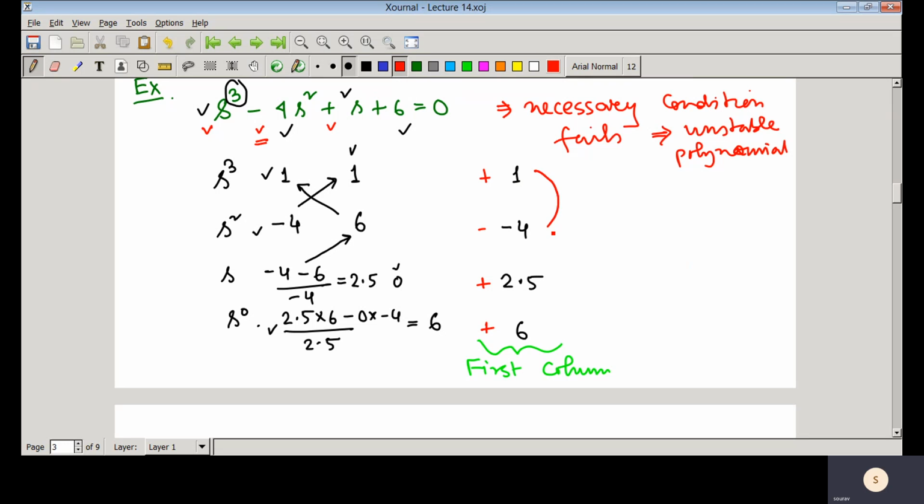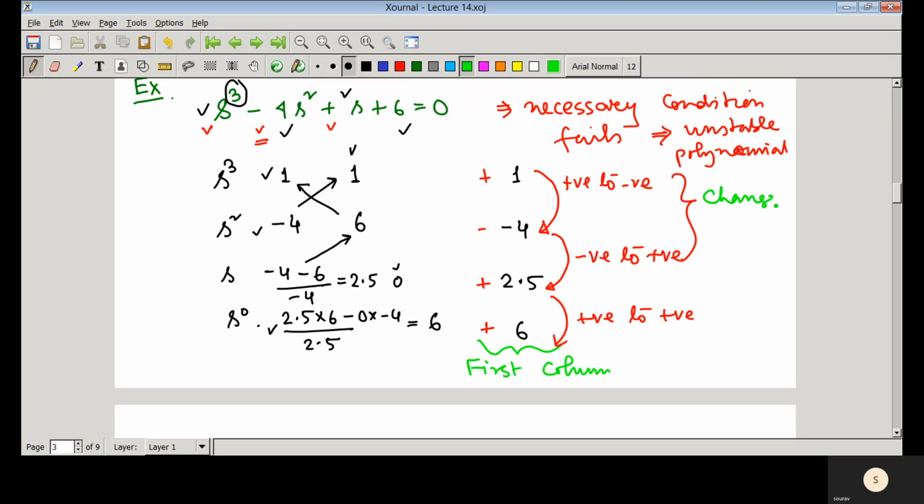You can see positive to negative and again negative to positive, and here positive to positive. So the number of changes of sign is equal to 2.